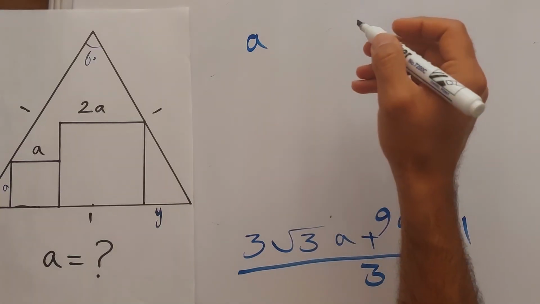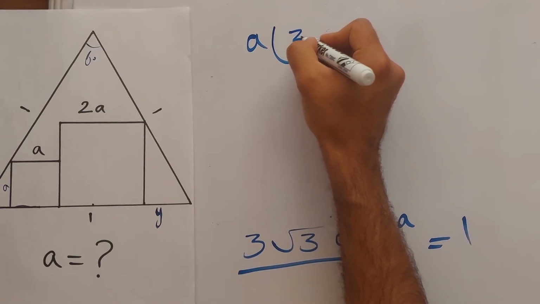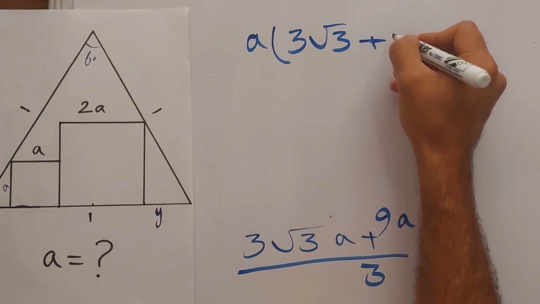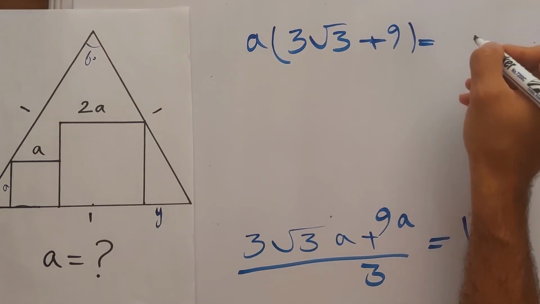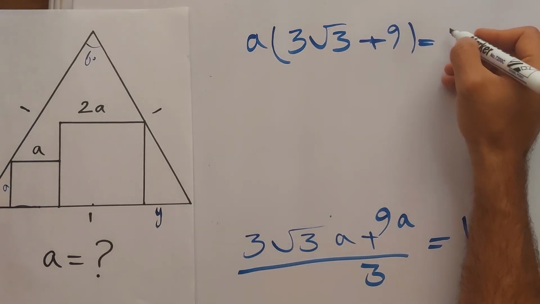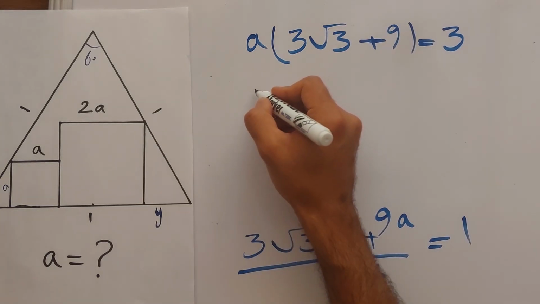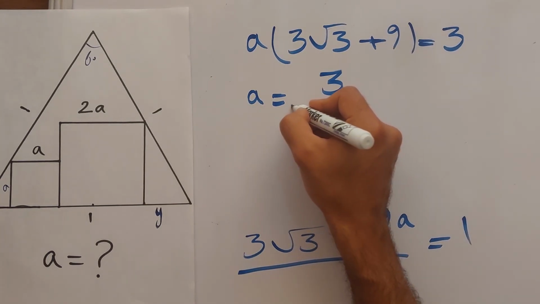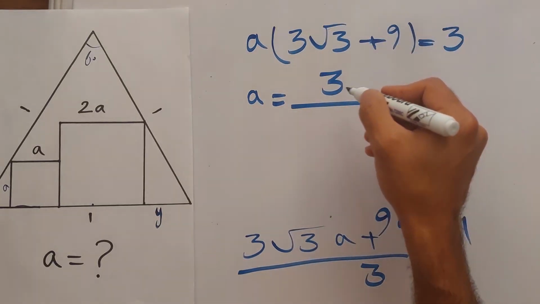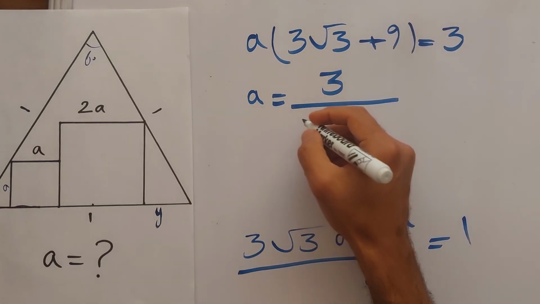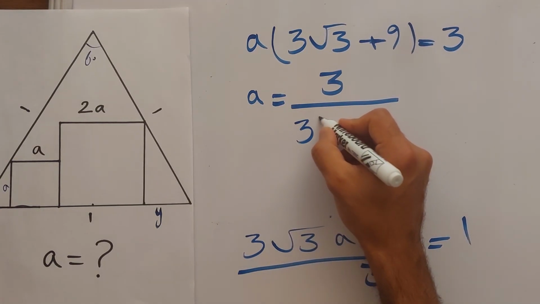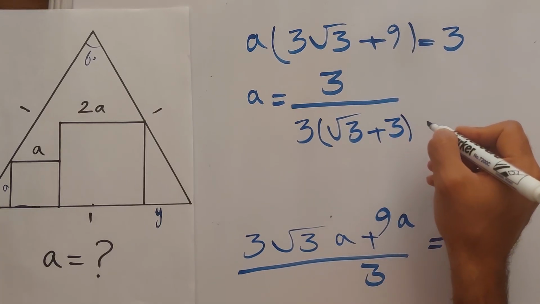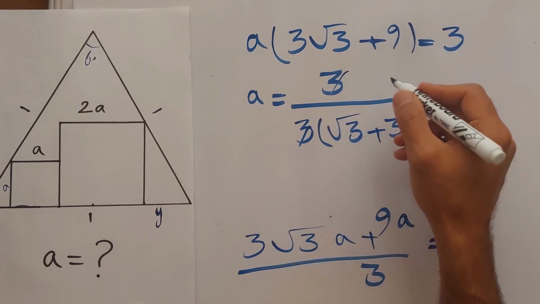So a times 3 square root of 3 plus 9 equals, cross multiply, 3. So a equals 3 over 3 square root of 3 plus 9, then we can factor 3 out. So 3 times square root of 3 plus 3. Then we can cancel them out.